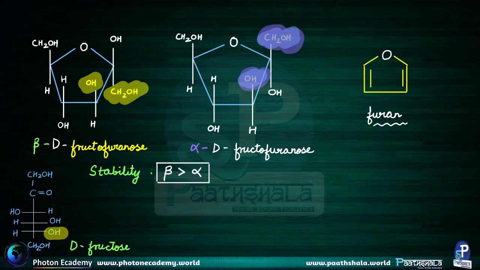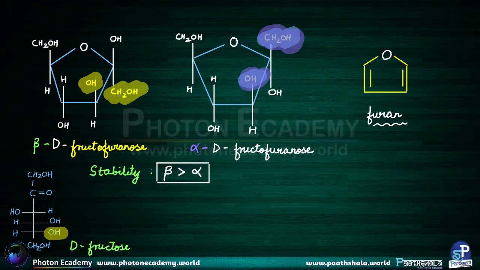Now, what else can we see in these two cyclic forms is that they differ from each other only because of the placement of the CH2OH and this OH at carbon 1.